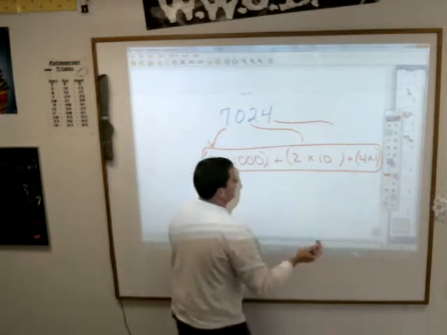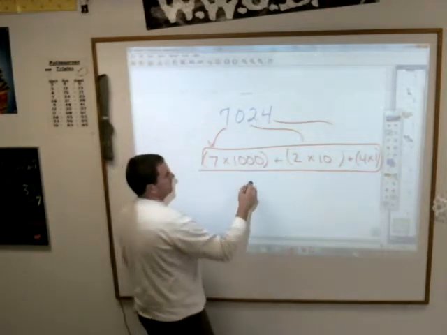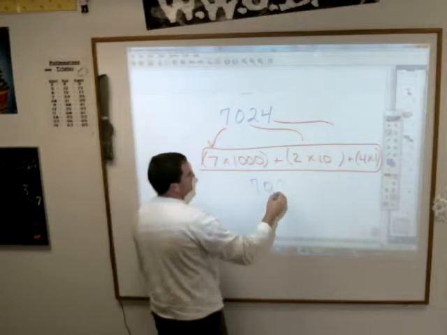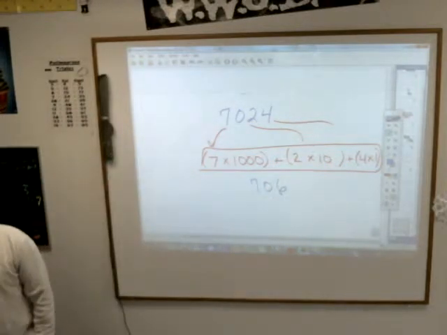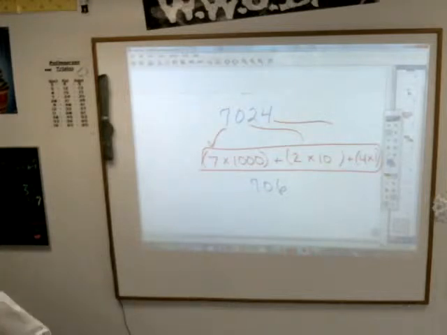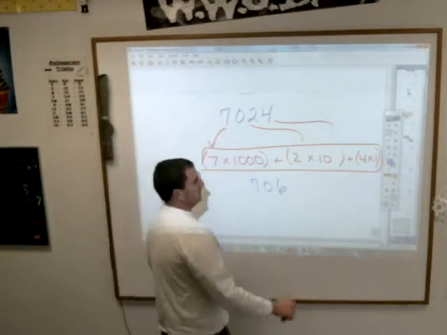How about one for you to try? What if this was yours? 706. Write that in expanded form for me, or expanded notation. What do you get if you write 706 in expanded notation?